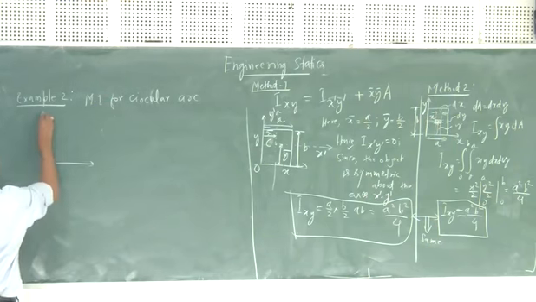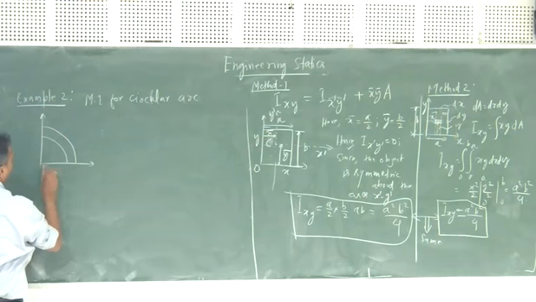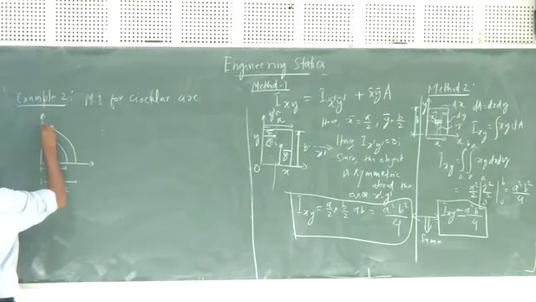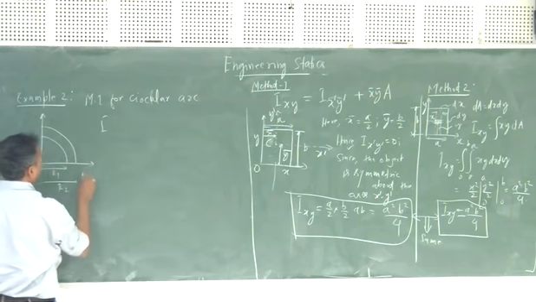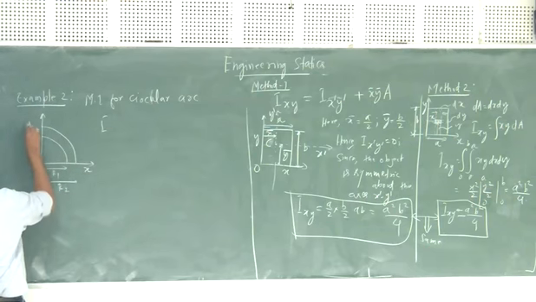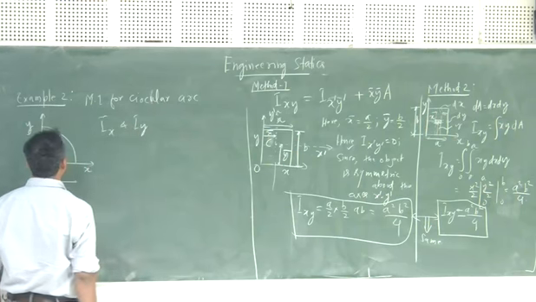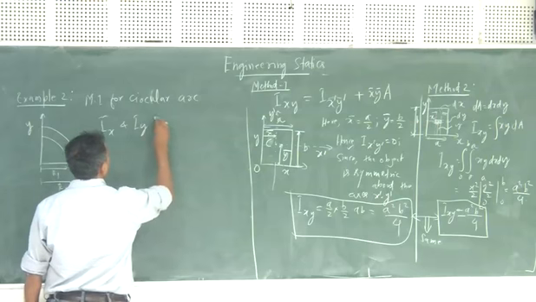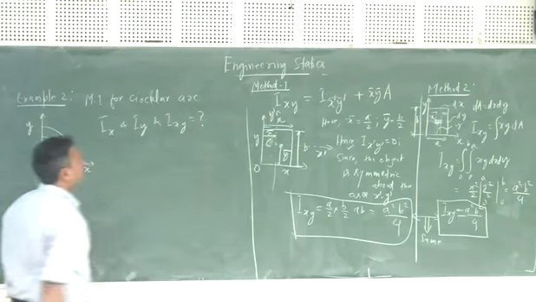If you are having an object which is like this, here this is your R1, this is your R2, alright? We have to find out I of x, let's say this is x and this is y, I of x, I of y, and Ixy. So how to find out this?